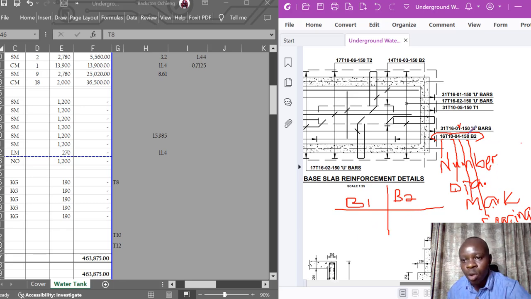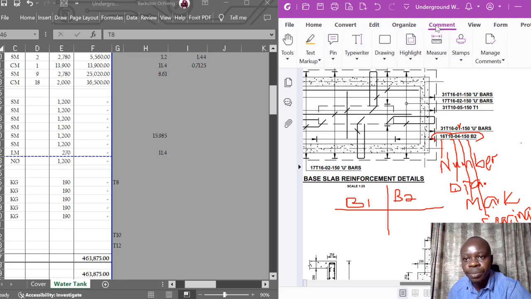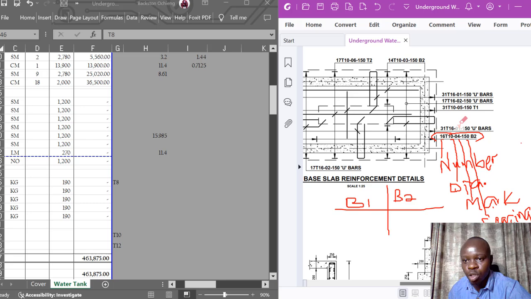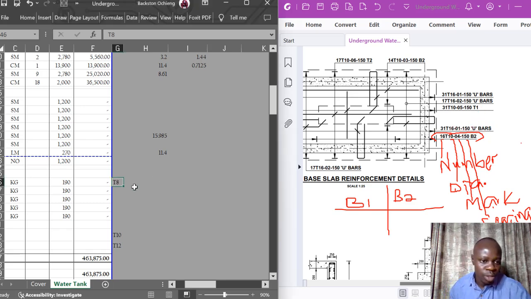Therefore we'll start. Bar 01, in this case where we are to start our estimation, is a 31 T16. On your estimation you will have T10, then T12, then T16. Let's just have those three for now, assuming there are not any others.